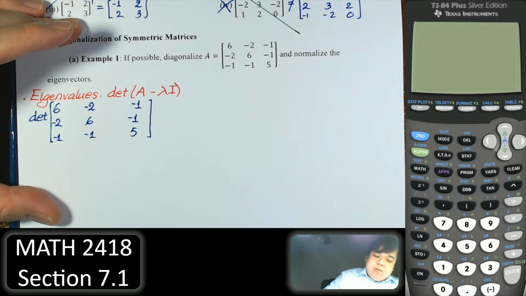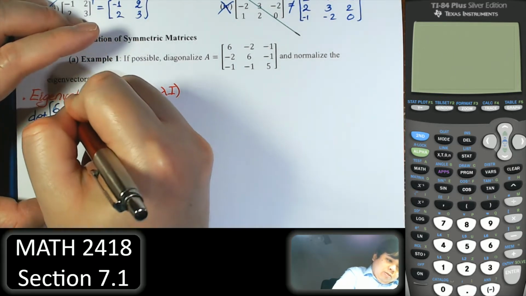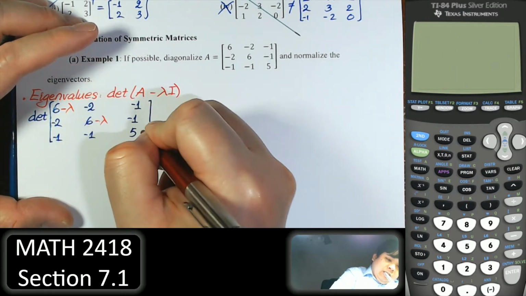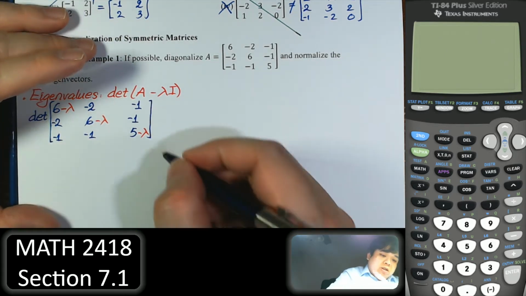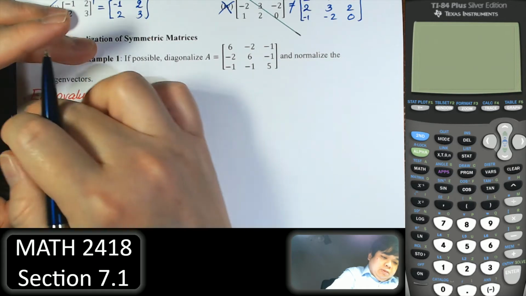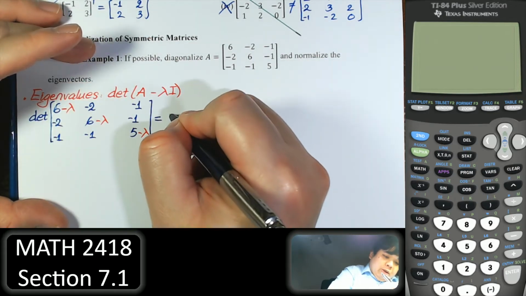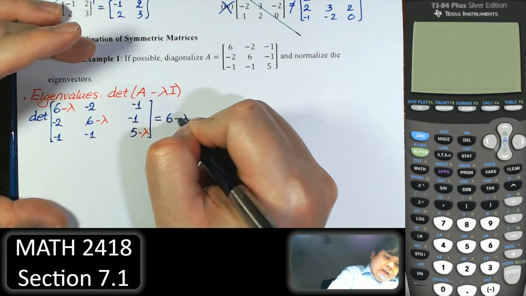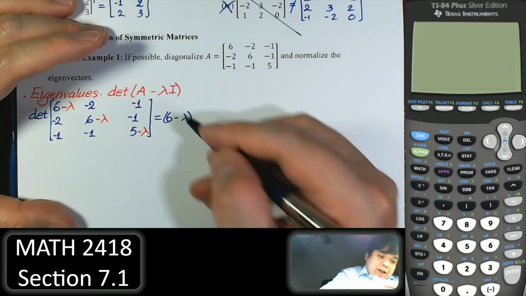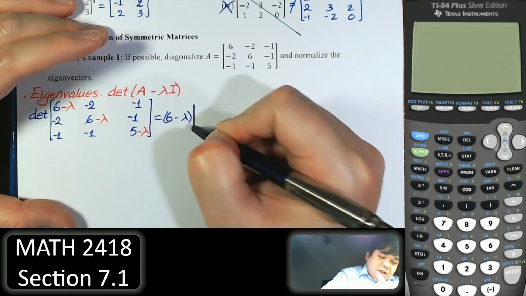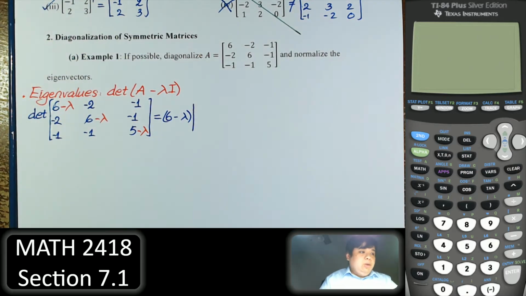We subtract lambda on the diagonal, and let's just evaluate along the first row. First we have 6 minus lambda. The sign will be positive, and after that we will have the submatrix.